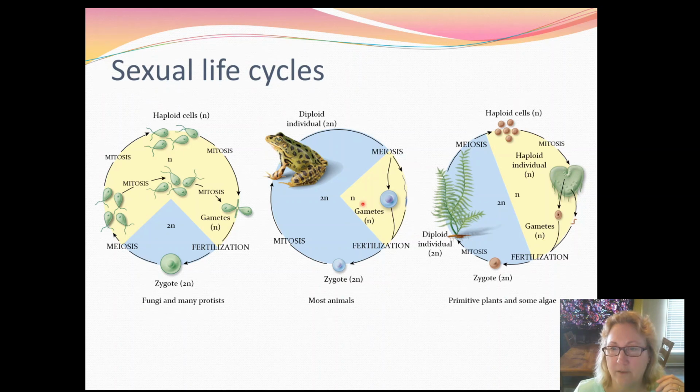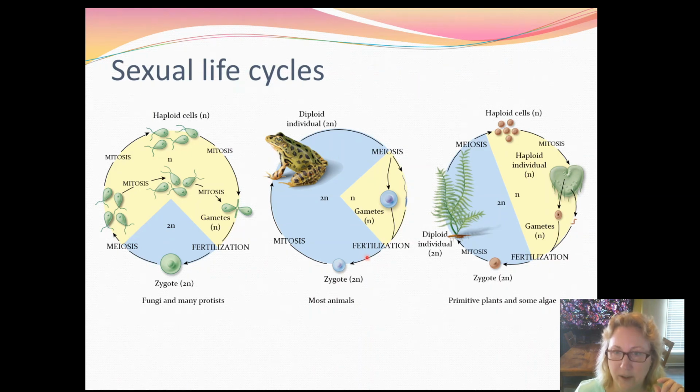So for humans and all other animals, we have haploid gametes, mostly, unless they're a tetraploid or octoploid organism. And then we have diploid from the zygote to the adult. For the entire rest of the life cycle, they are diploid.